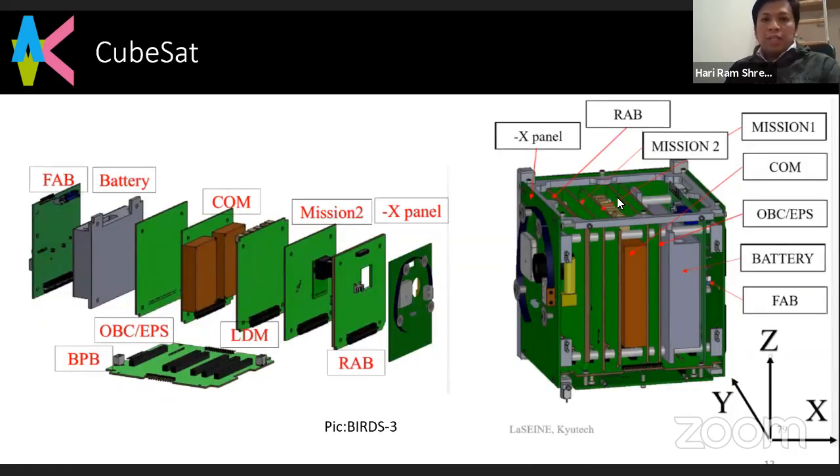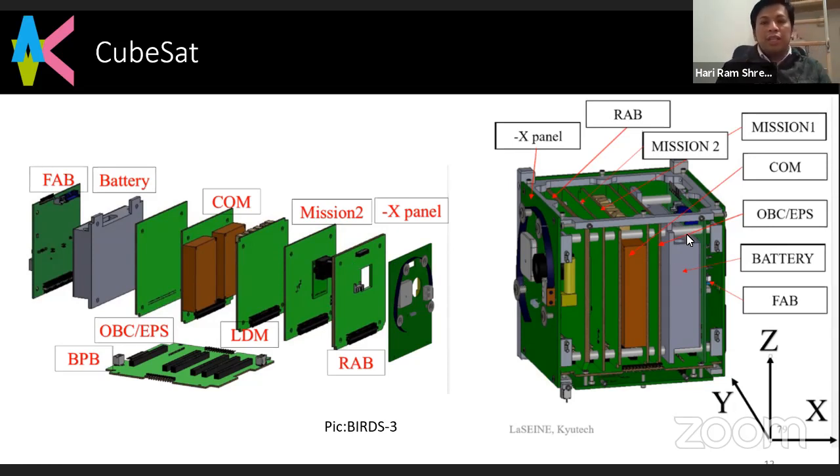This is the CubeSat like a standard system. If we separate all the boards and subsystems, we can see the rear access board, the solar panel board, and the backplane board, and the OBC, EPS, battery, and FAB are what we can call the EPS part. Then there are the communication and two mission boards. This one is for BIRDS-3.